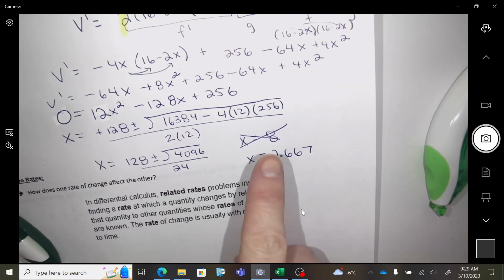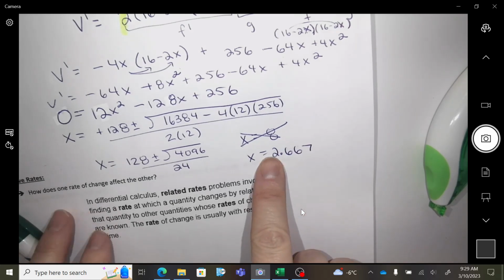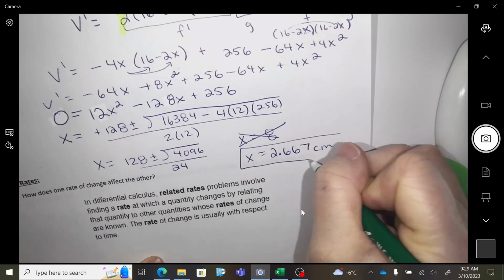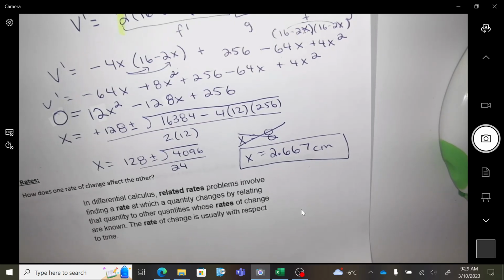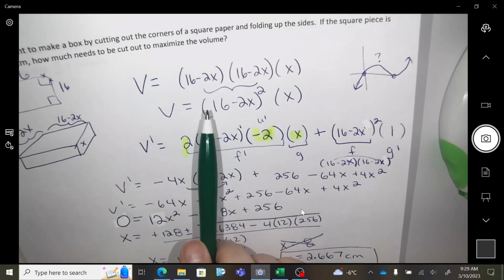Okay, so I'm eliminating 8 because what happens to my paper if I cut off 8 and 8? How much have I cut off? All of it. And you can't cut off all of it, right? So eliminated. So I cut off this many centimeters from each corner. Be careful: if I asked you specifically what is the largest volume you can get, now you would have to take that and plug it in, right?